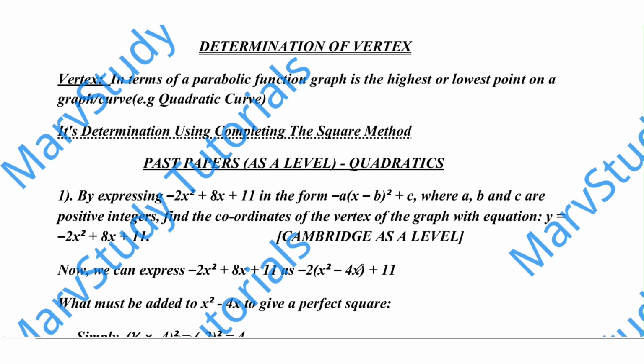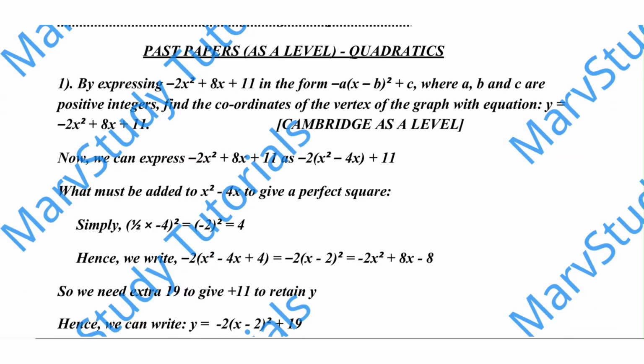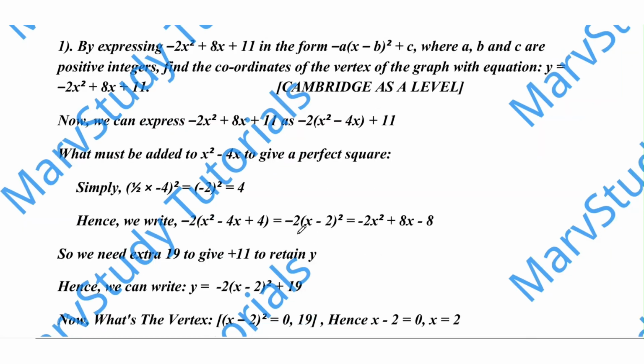Half of negative 4 is going to give us a negative 2, and negative 2 all squared is going to give us a positive 4. So if you include a positive 4 in this bracket, it's going to be a change. Negative 2 times a positive 4, remember that negative times a positive is a negative, so it gives us negative 8.